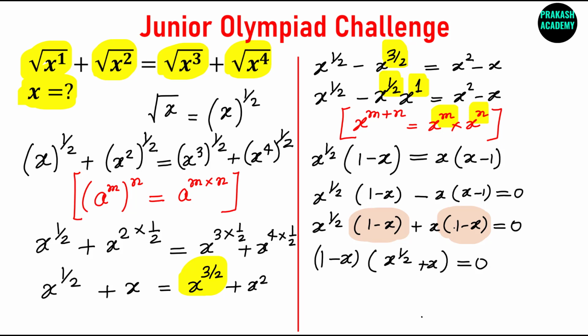And x raised to the power 1 by 2 can again be taken common because x can be written as x raised to the power 1 by 2 into x raised to the power 1 by 2. This I am writing because I am using the rule that x raised to the power m plus n is equal to x raised to the power m into x raised to the power n.